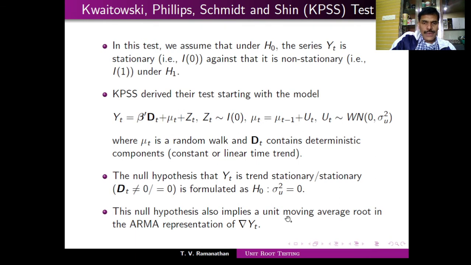The null hypothesis also implies a unit moving average root in the ARMA representation of delta YD. So when you are talking about the null hypothesis, you are trying to talk about a unit moving average root in the ARMA representation of delta YD. Of course, I haven't introduced delta YD here, but you can, because the model is generally introduced like this, but this is an interpretation.